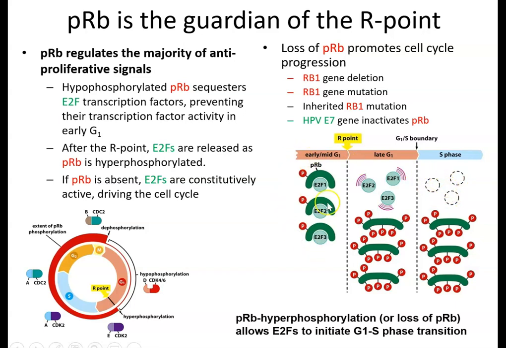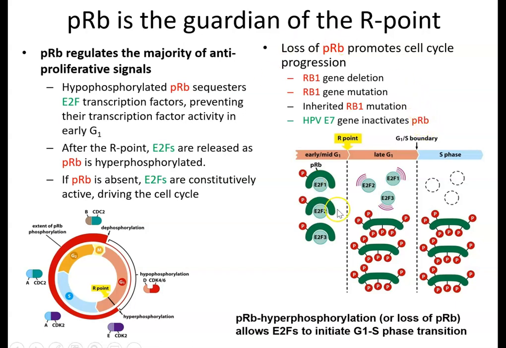Now we can get loss of the retinoblastoma gene, and that will promote cell cycle progression. We can get that loss by gene deletion or gene mutation, but we can get exactly the same effect by overexpressing E2F transcription factors, or by being infected with human papillomavirus and its E7 protein, which inactivates the retinoblastoma protein.